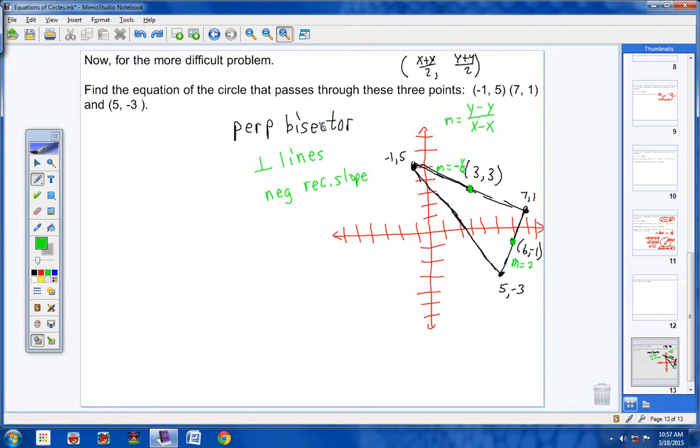Now, same thing here. If I draw the perpendicular bisector of this line here, the slope of this green line here would be the negative reciprocal of this slope here, because perpendicular lines have negative reciprocal slopes. So that's why I have found these slopes.